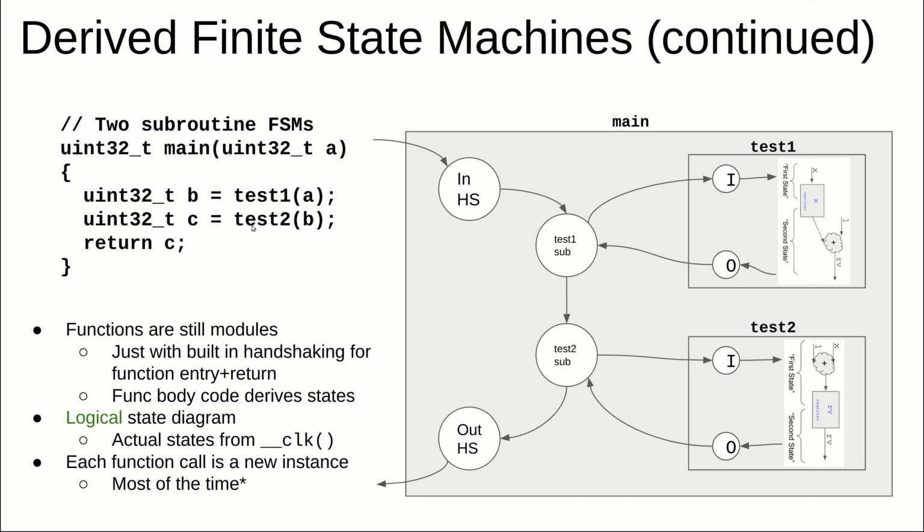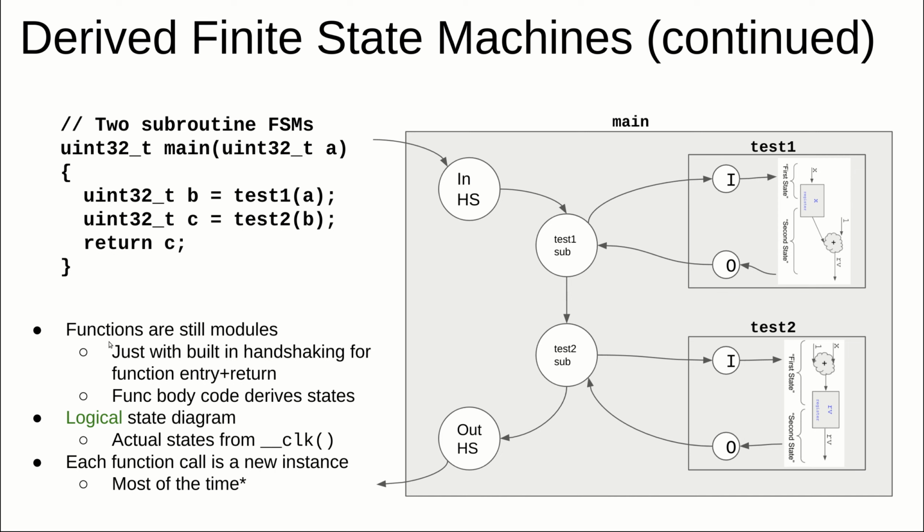And then from there, you're going into a state that's for the first subroutine call. And that's going off to the actual test one subroutine and back. And then into the second test subroutine and back. And then finally out of this function with another handshake. But to be more clear here, these functions are still modules. This is still PipelineC here, and functions are modules.